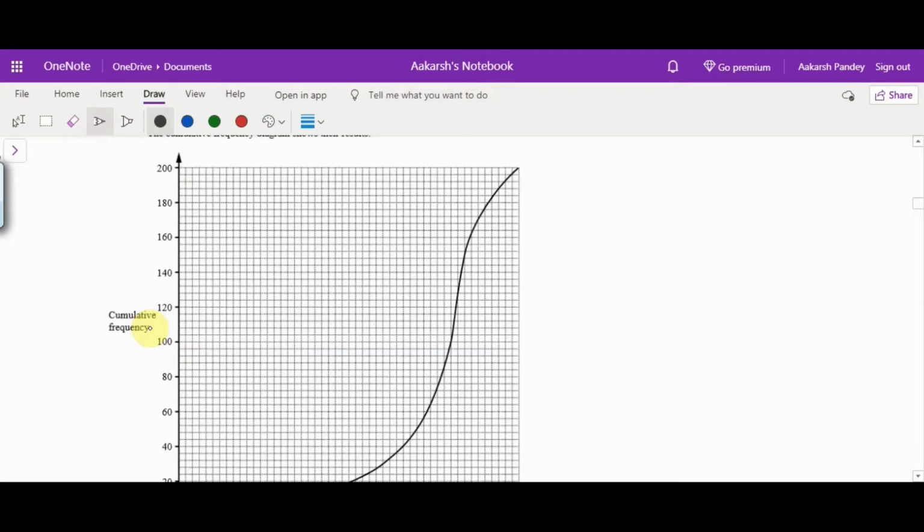Median is the middle value of the given data. So because I have values up till 200, my middle value will occur as the 100th data of my total data.